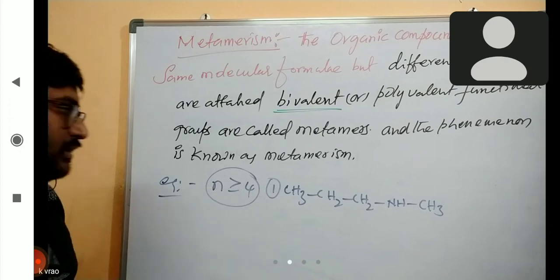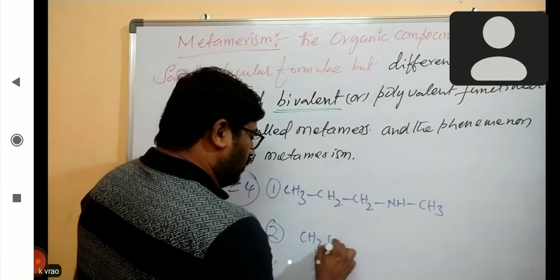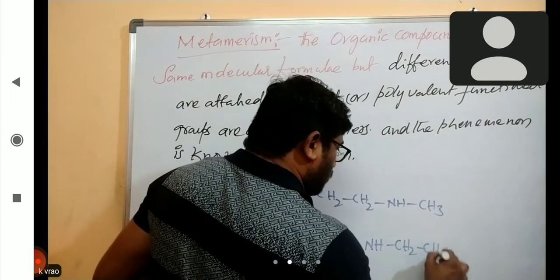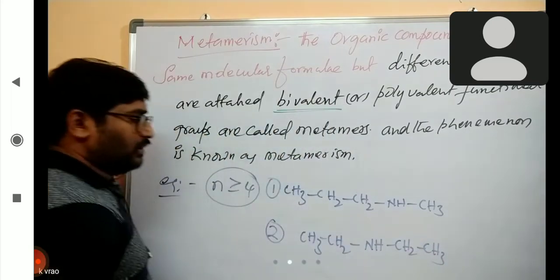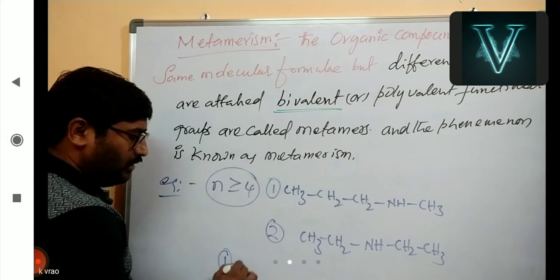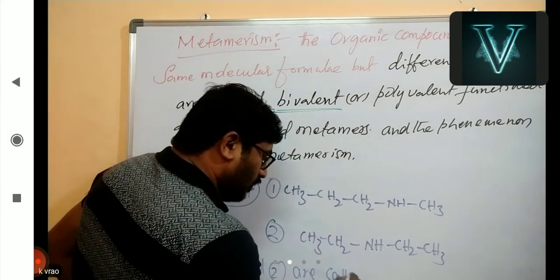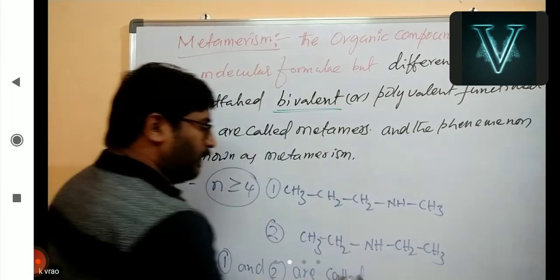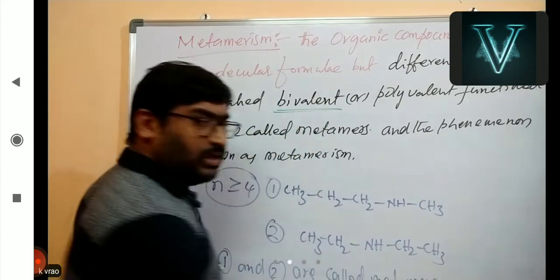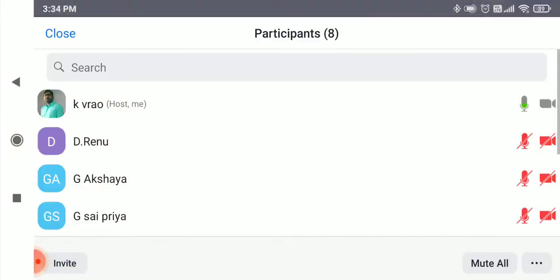The same compound I'm writing like this: CH3CH2NHCH2CH3. So 1 and 2 are called metamers.